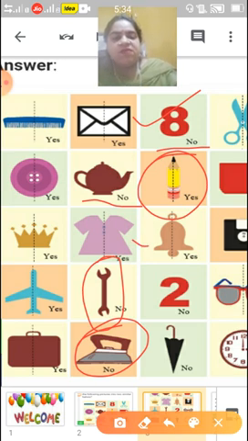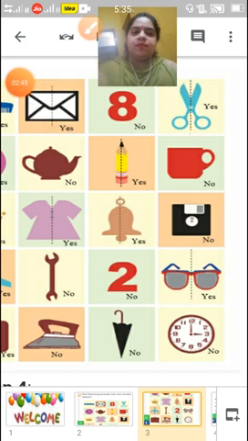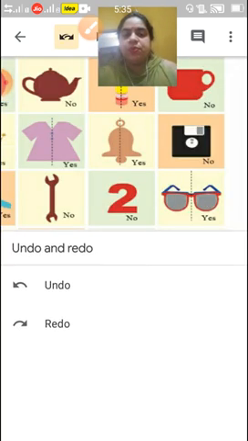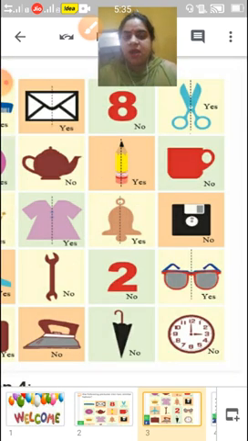So this is also having two similar mirror halves. So your answer is yes. Now next is your number 2. Is this also having two similar mirror halves or not? No children. So your answer is no.